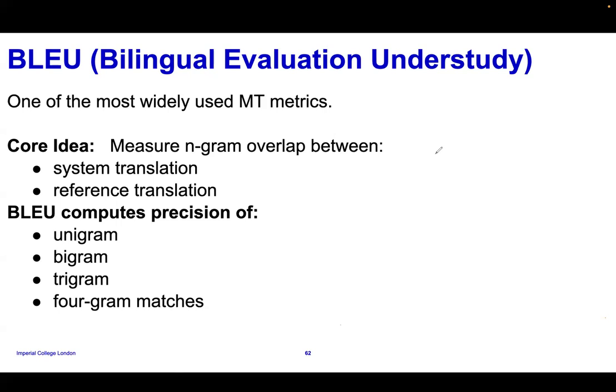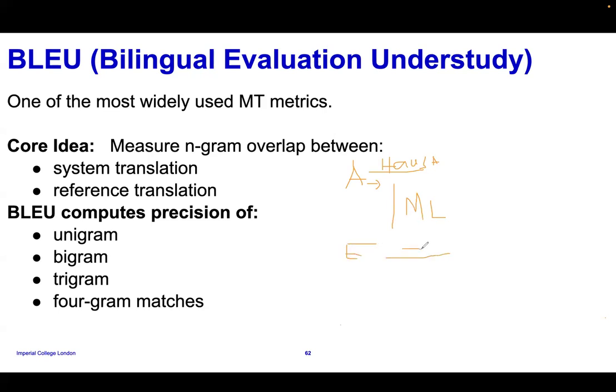Do you know what system translation and reference translation are? Let's assume this is the original sentence in Hausa, and then I use a machine learning system to translate it to English.